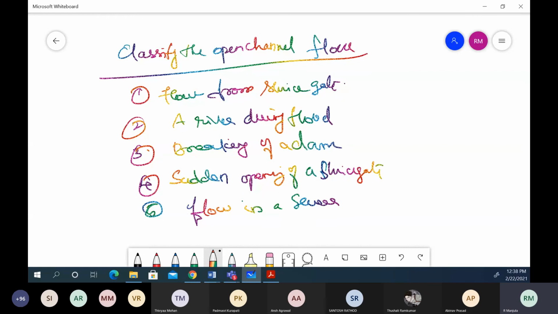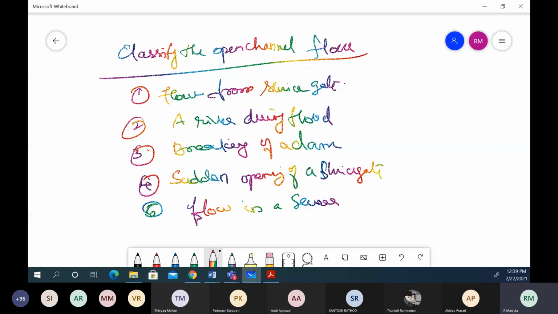What we are discussing now is only the rectangular channel.